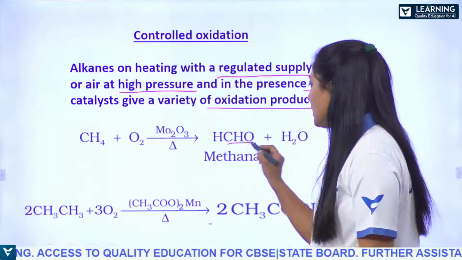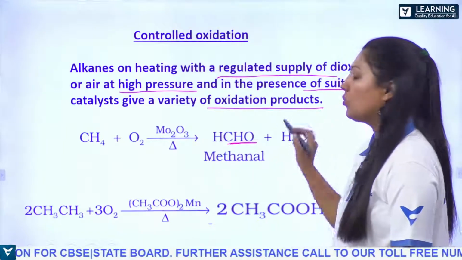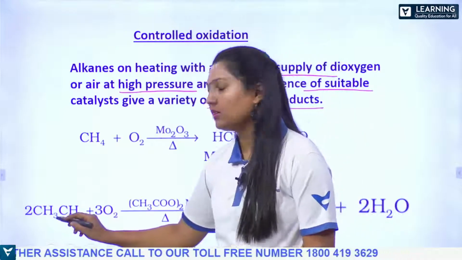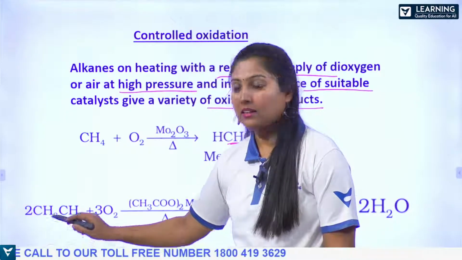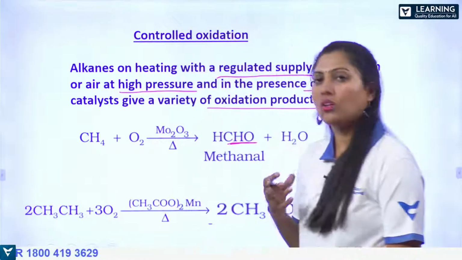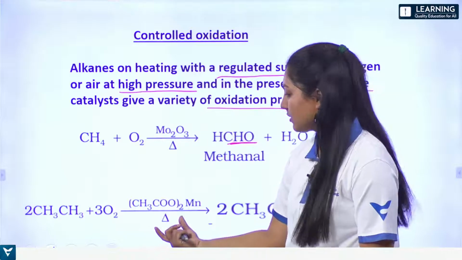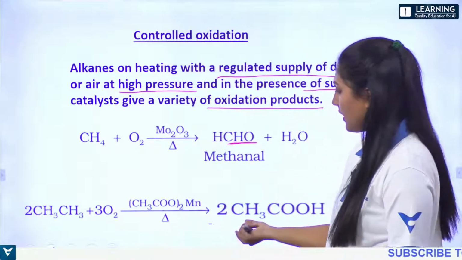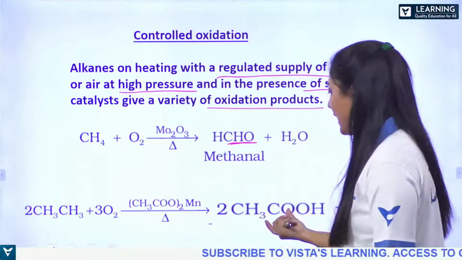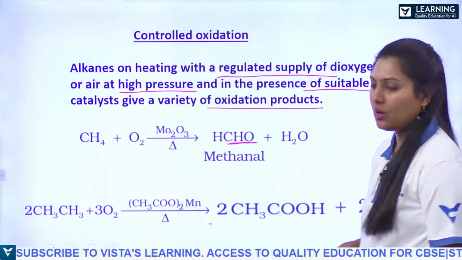So this is the aldehyde. We call it methanal, with a water molecule. Then you have ethane, because of two carbon atoms. Ethane is reacting with oxygen in the presence of manganese acetate. When it reacts, we get acetic acid with a water molecule.